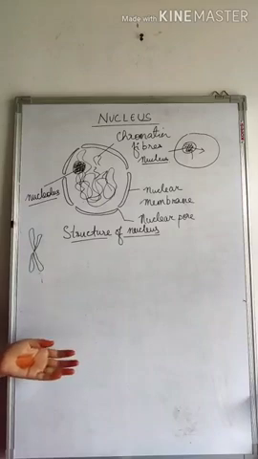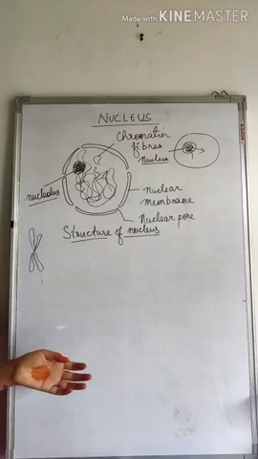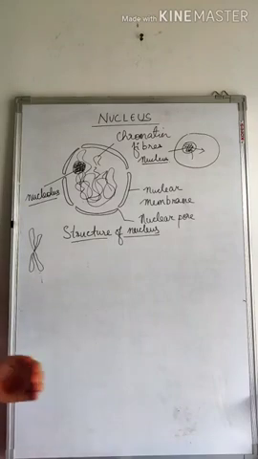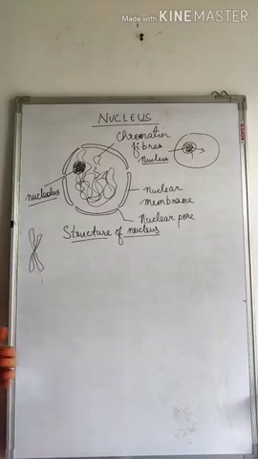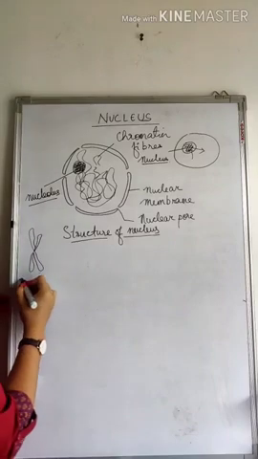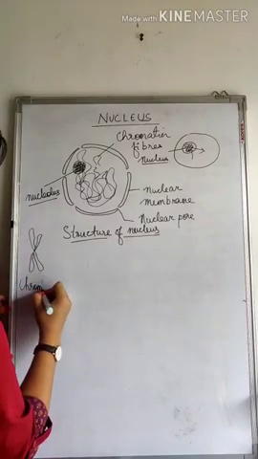You have a similar nose as your father, right? So this information is carried from the parents to you with the help of chromosomes. Okay, so chromosome is a very important structure.